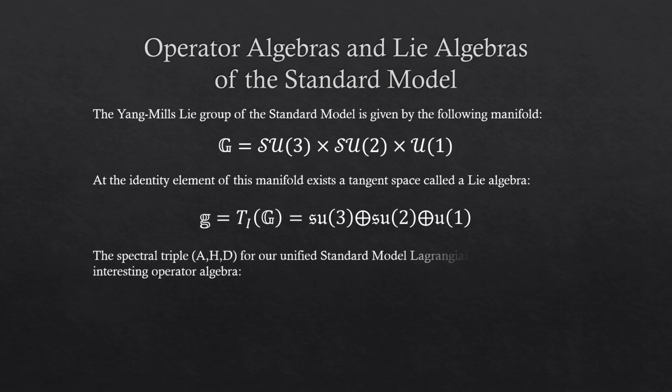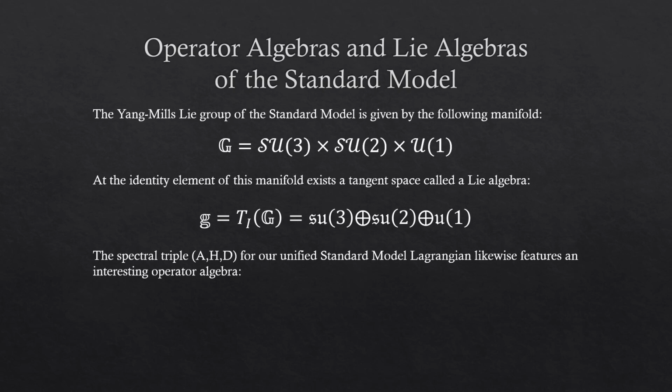The spectral triple (A, H, D), where A is a general operator algebra, such as a C-star algebra, H in this case is the Hilbert space, and D is the Dirac operator. These things form a spectral triple, a form of a geometric invariant, if you will.